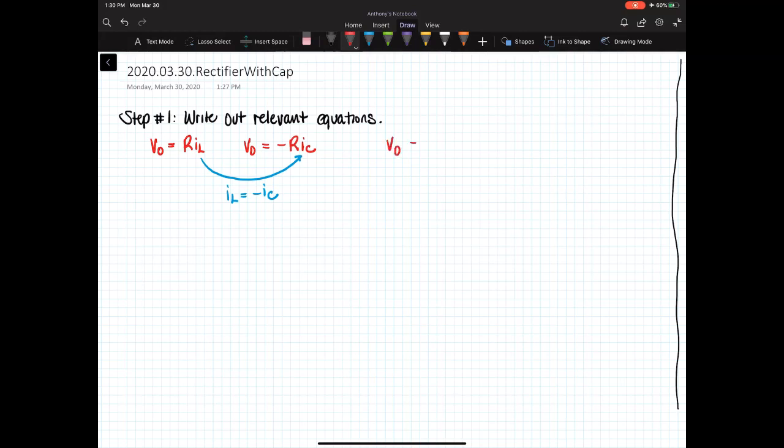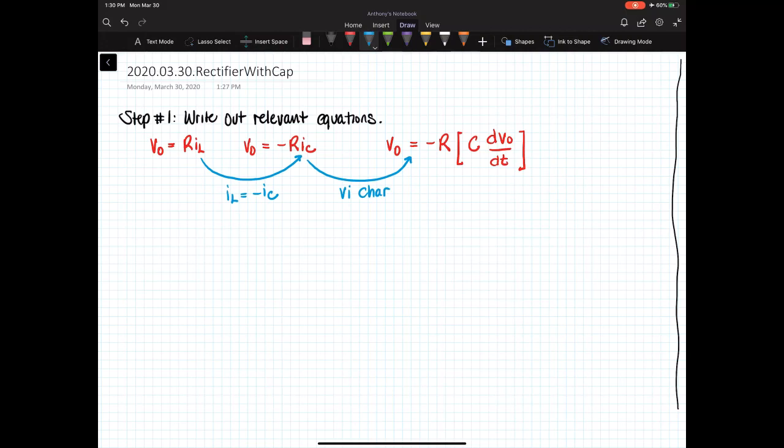So V out is equal to negative R times C dVo/dt, right? And all we're doing from this step to this step is applying the VI characteristic for a capacitor.